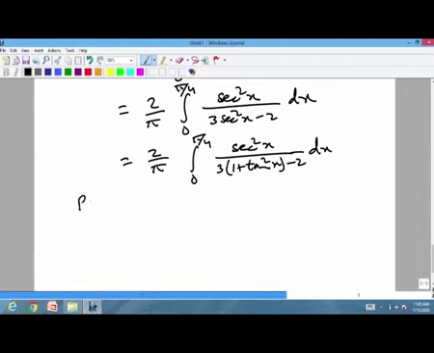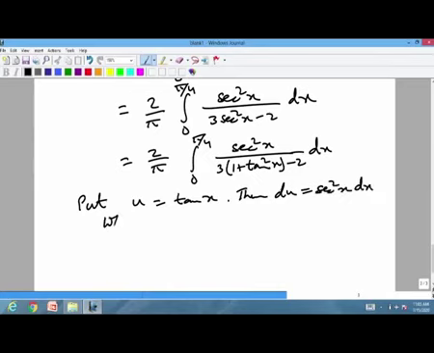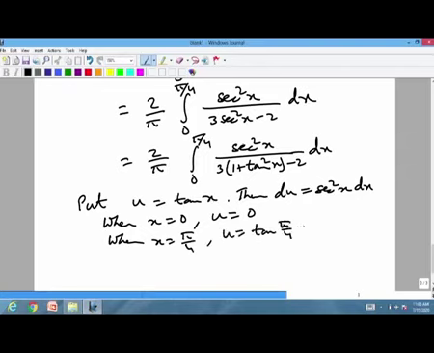So, now put u is equal to tan x, then du is secant square x dx, and the integration limit when x is 0, u is equal to tan 0 which is 0, and when x is equal to pi by 4, u is equal to tan pi by 4 which is equal to 1.